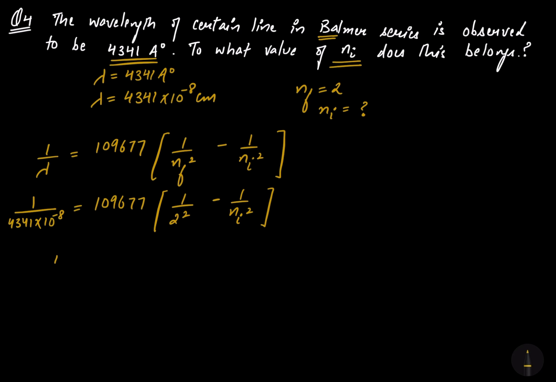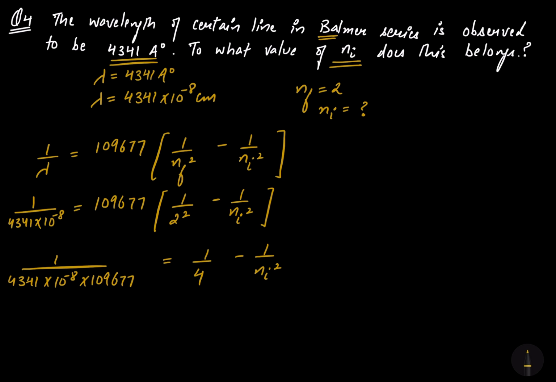In the next step, it comes out to be 1 upon 4341 into 10 to the power minus 8 into 109677, equal to 1 upon 4 minus 1 upon n initial square. After the whole calculation, it comes out to be 1 by 4.7, equal to 1 upon 4 minus 1 upon n initial square.